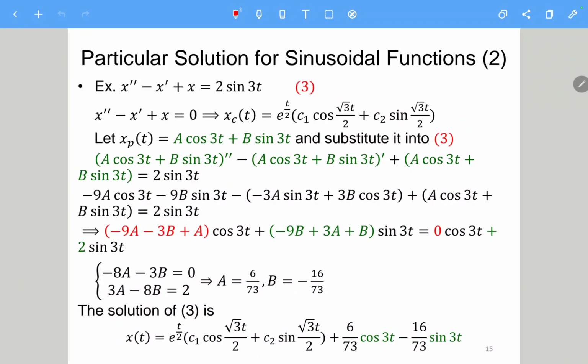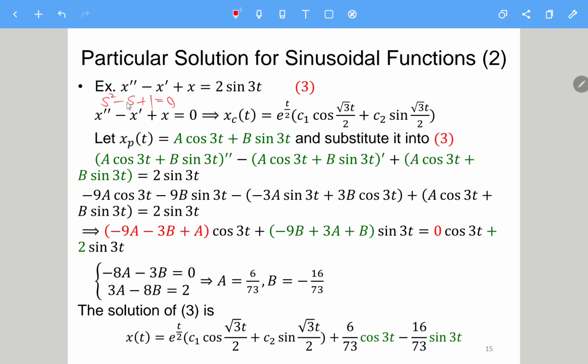Okay, so it looks complicated, so let's just take a look at an example. So this is the simplest one. We only have a sinusoidal here for this linear ODE. So the first step is to find the homogeneous solution, which means that we have s squared minus s plus 1 equals 0.